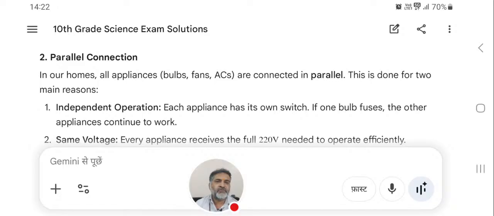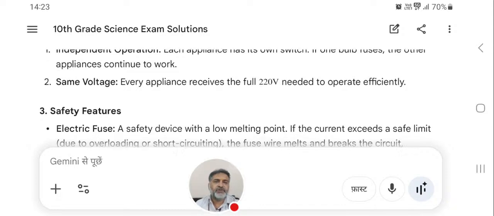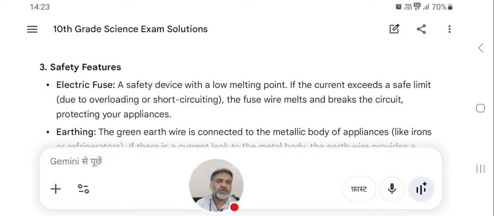This is done for two main reasons. Independent operation: each appliance has its own switch. If one bulb fuses, the other appliances continue to work. Same voltage: every appliance receives the full 220 volt needed to operate efficiently.